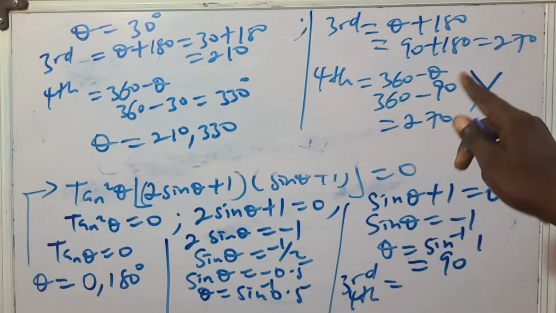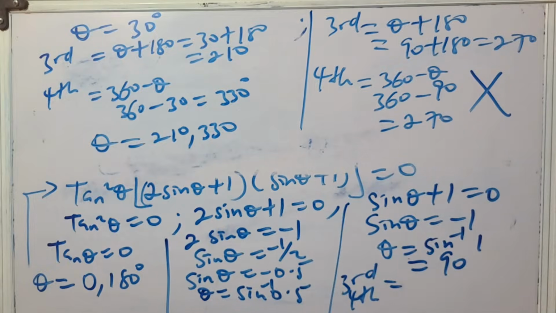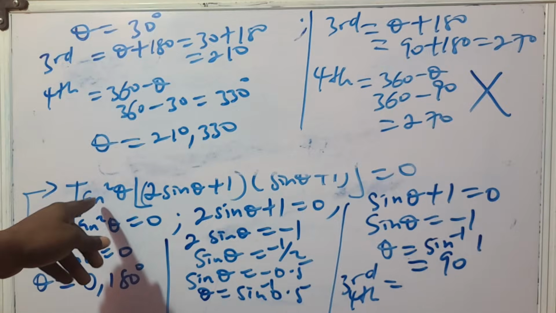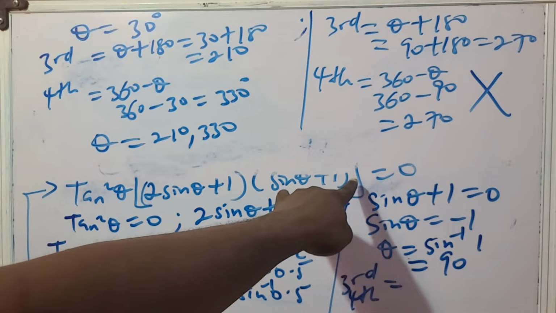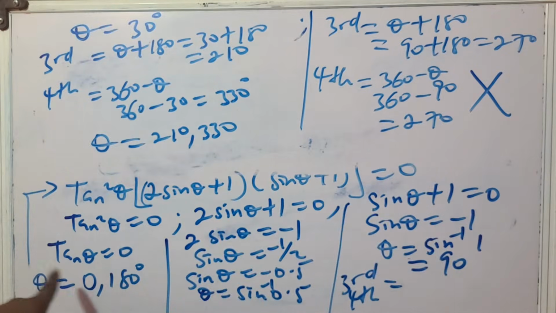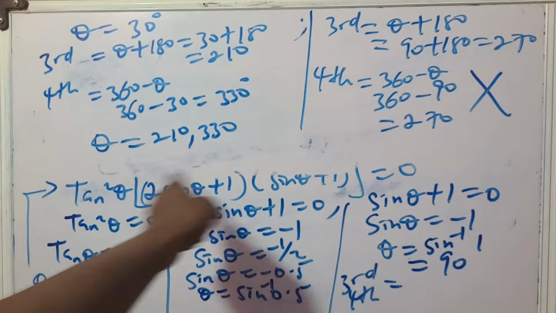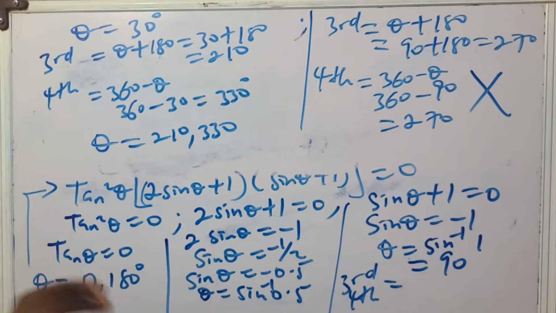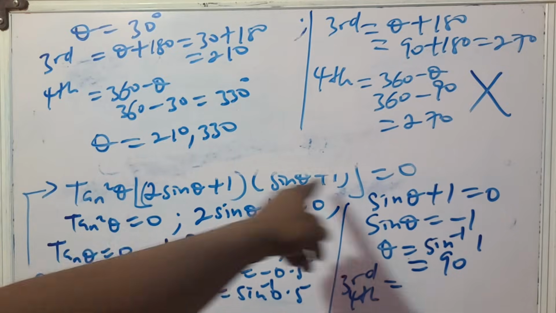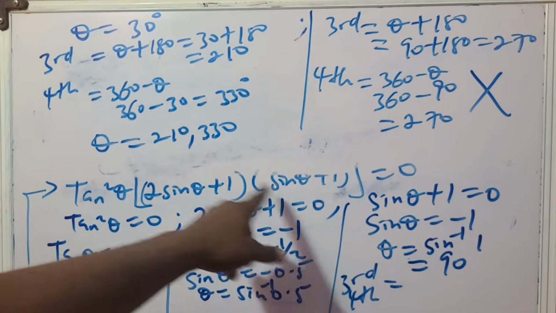We are looking for values of theta that, when placed into this equation, give 0. If you put theta as 0, you get 0. If you put theta as 180, you get 0. If you put 210, you get 0. If you put 330, you get 0.